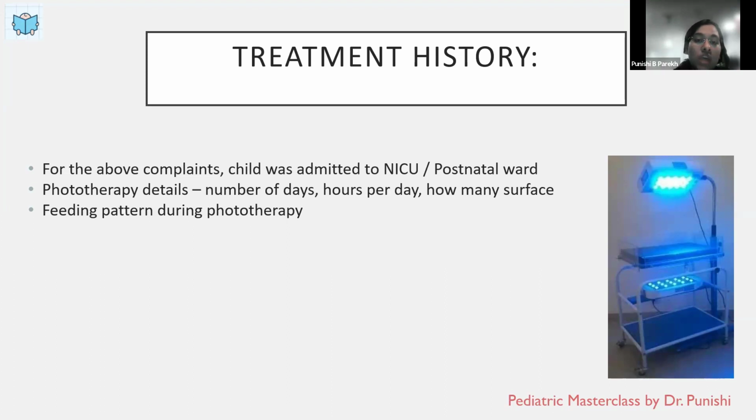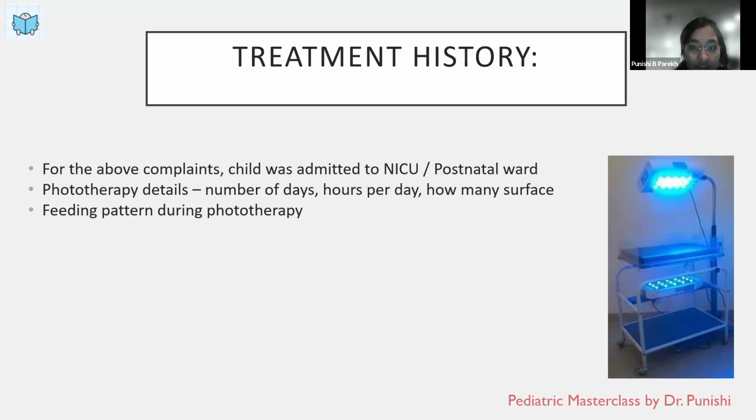Whereas, let's say if the child has physiological jaundice, which is in the phototherapy range, but the child is otherwise doing well, you can still keep the baby in the postnatal ward by the bedside of the mother, but make sure that the child is receiving the adequate amount of phototherapy that's recommended. Okay, so the first question is whether the child required admission in the NICU or was kept in the postnatal ward. It will tell you the severity of jaundice.